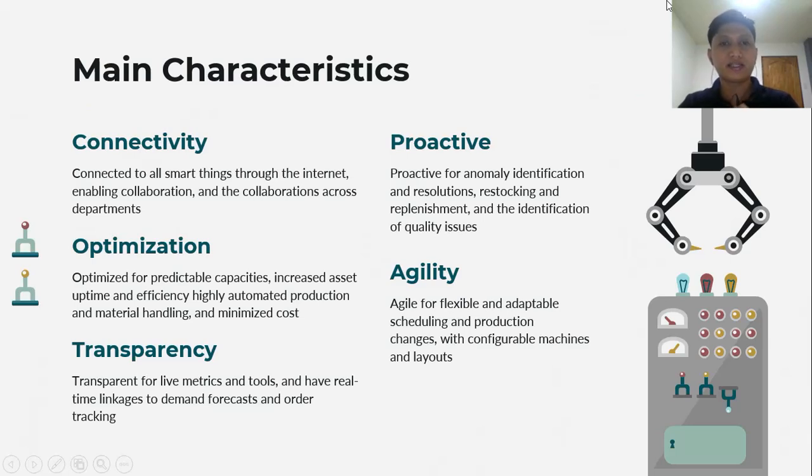The fourth characteristic is the proactive. Proactive for anomaly identification and resolutions, restocking and replenishment, and identification of quality issues. So the fourth one is a very important characteristic of a smart system since the smart system should have advanced decision making. So it should have a suggestion on what the trend is, what the trend means, and also predictive maintenance.